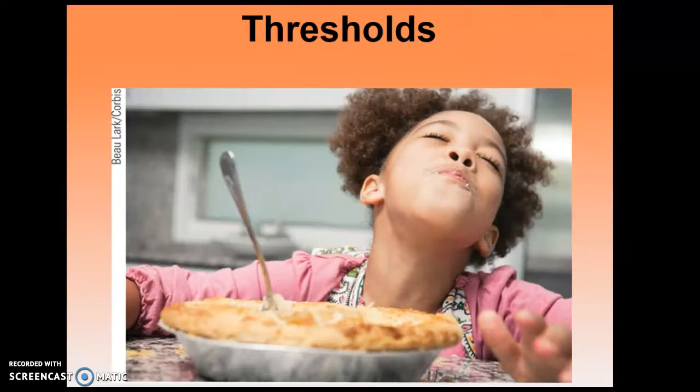Last thing we're going to talk about in this module today is thresholds. At this moment, you and I are being struck by X-ray and radio waves, ultraviolet and infrared light, sound waves of very high and very low frequencies, and to all of those we are blind and deaf. Other animals with differing needs detect the world that lies beyond our experience.